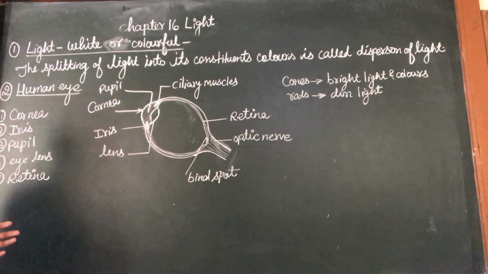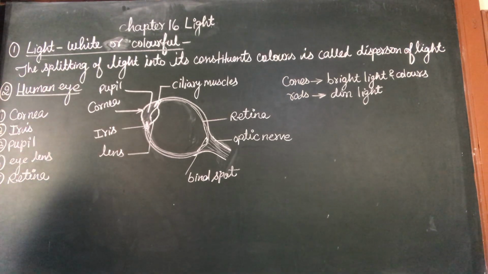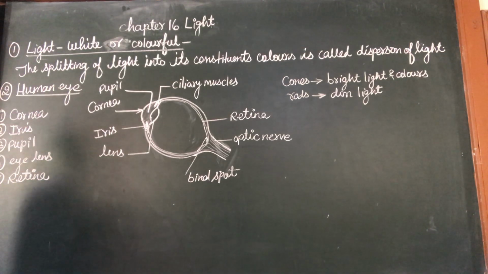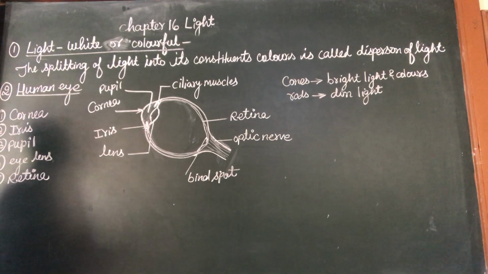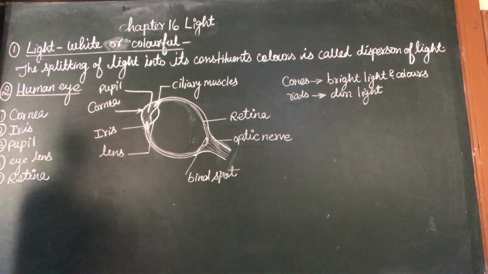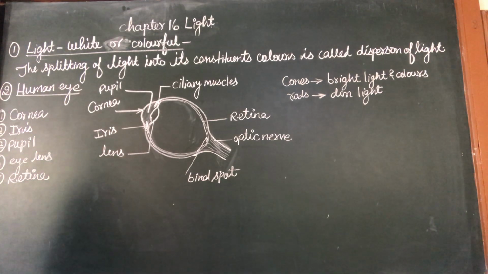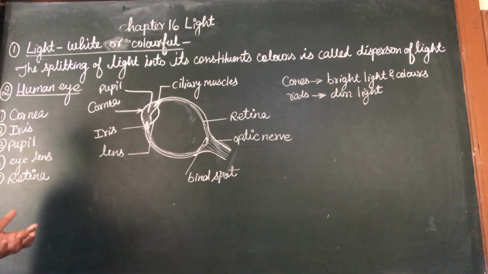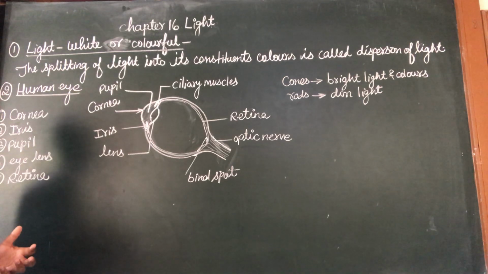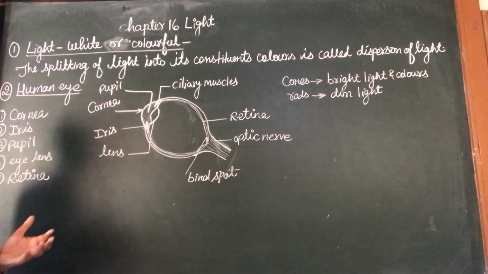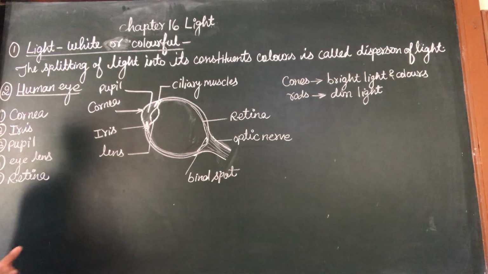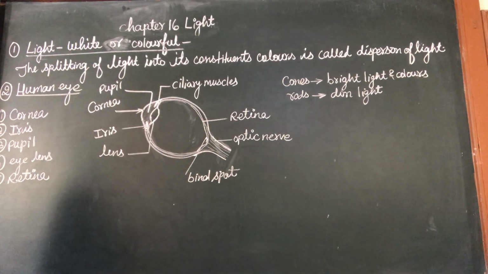Now the important thing is care of the human eye. We know that care of the human eye is a very important point. If you have any problem in your eyes, you have to take the advice of a special eye doctor, or you can wear spectacles if you have any problems. Second thing is some tips to maintain good eyesight.